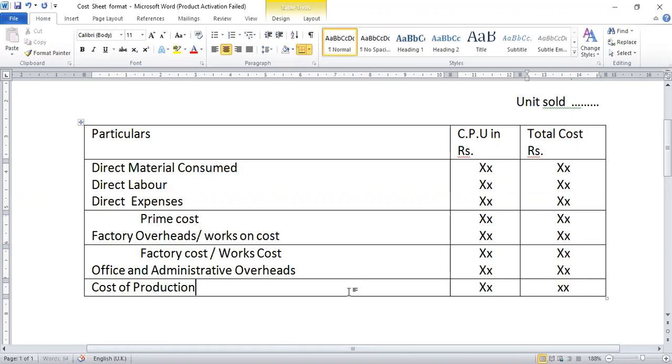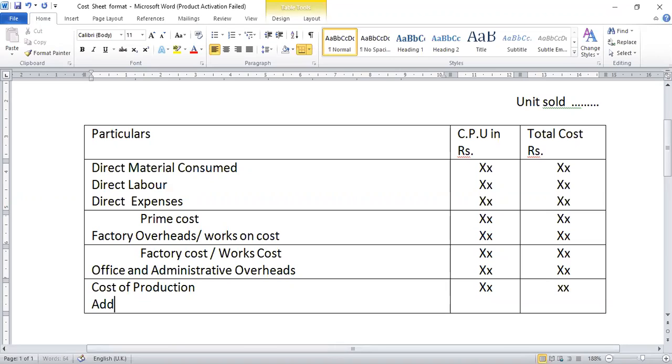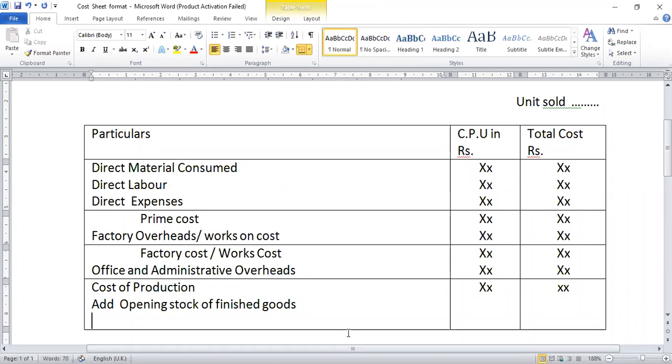In cost of production, what we are going to do is add opening stock of finished goods, less closing stock of finished goods, okay.